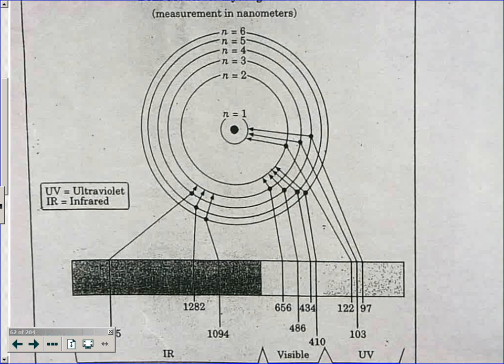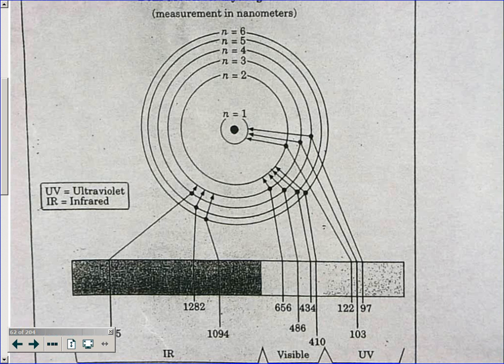Look and see where the line that goes from 4 to 2 correlates with on the wavelength. So look for the line from 4 to 2 and tell me what wavelength correlates.